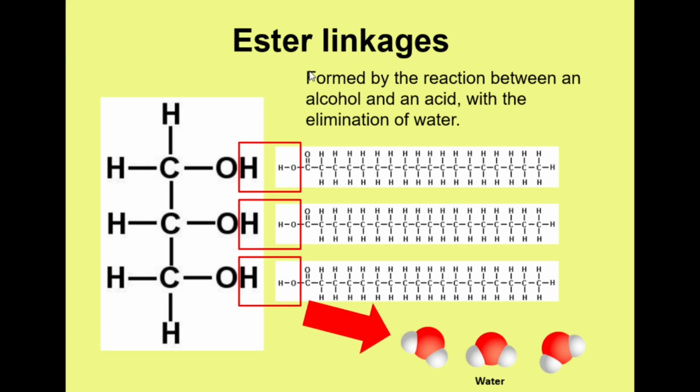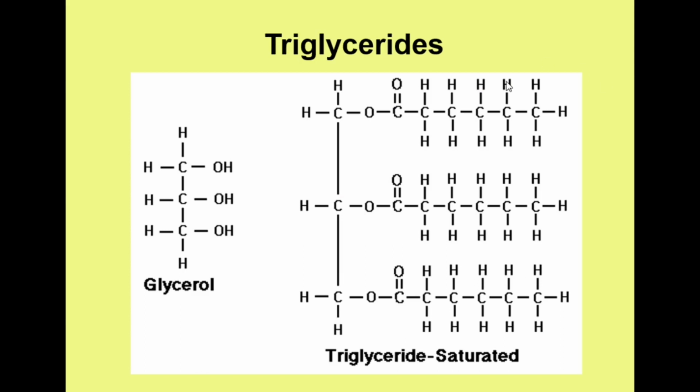And an ester link is a bond between an alcohol, so our glycerol, and an acid. In this case, it's our fatty acid. So we'll have 1 ester link here between the oxygen and the carbon. We'll have a second ester link between this oxygen and this carbon, and a third ester link between this oxygen and this carbon.